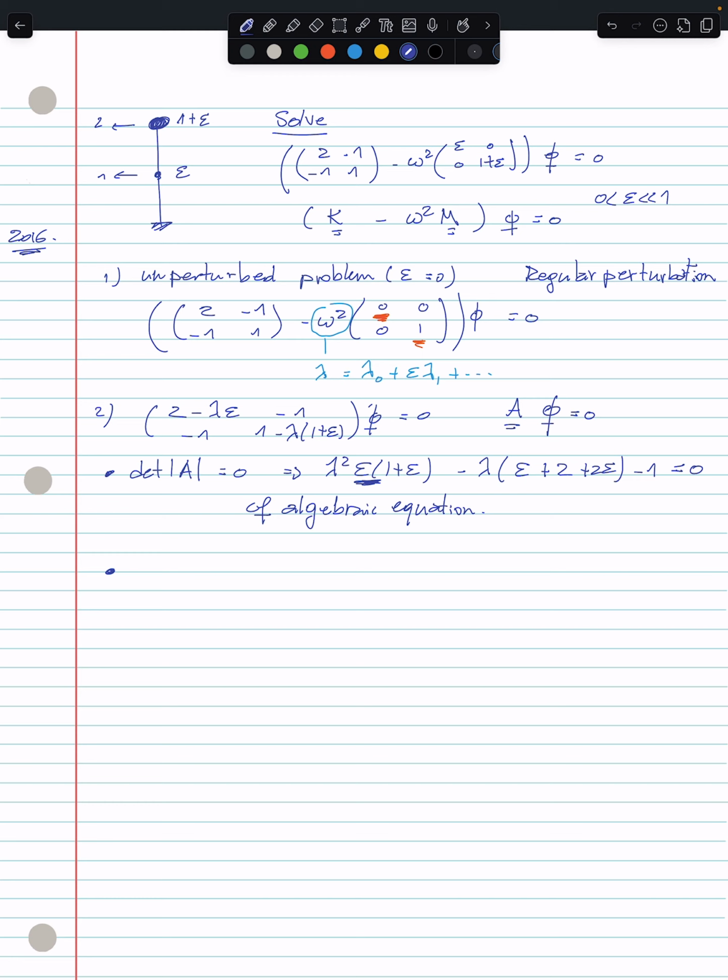All right, and so in the more general approach, what we are going to do is to write lambda and the phi, both of them, as a series expansion, and substitute this into the governing equation.